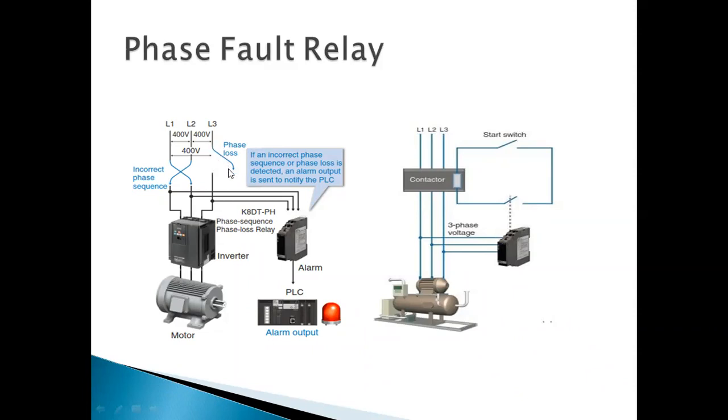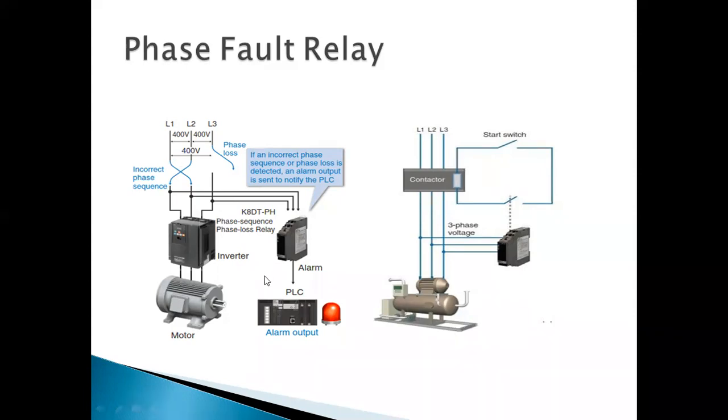That means if any line cuts or breaks down, or if there is a change in the sequence, that is, instead of RYB, we use an RBY sequence, then also the fault occurs.